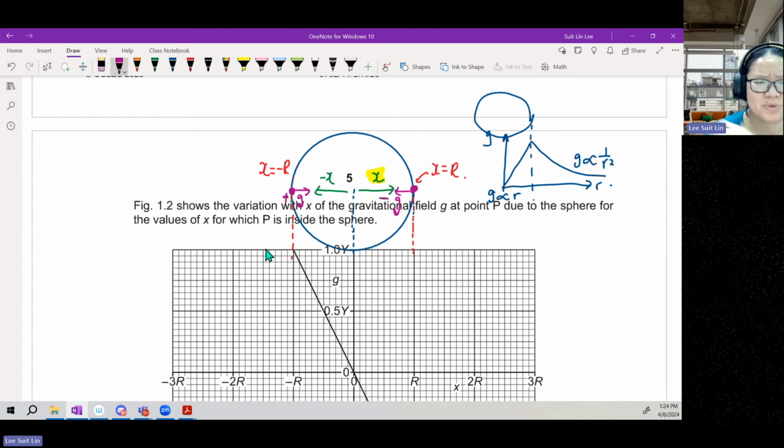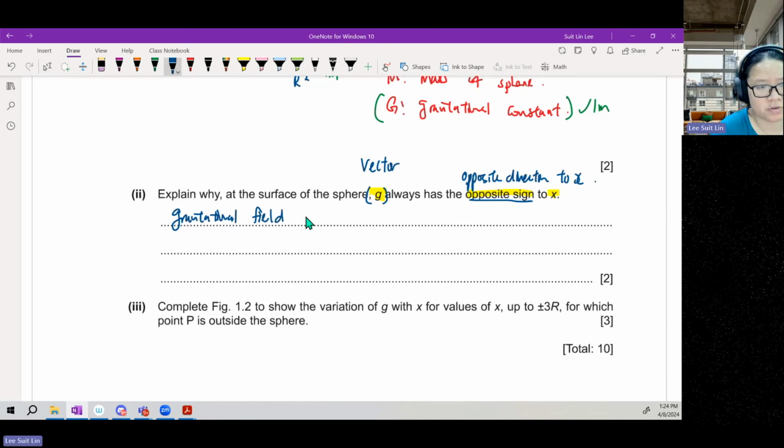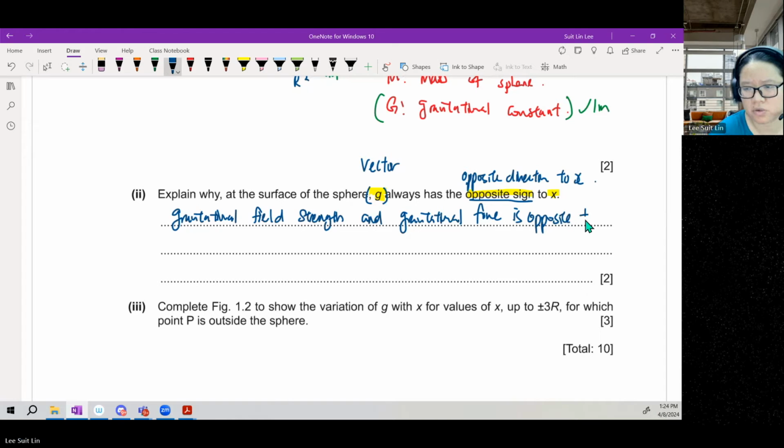So the important points will be that they are opposite directions. And the reason why they're opposite directions is because gravity is always attractive. The field lines are always directed towards the center. So gravitational field strength and gravitational force is opposite to the direction of displacement.